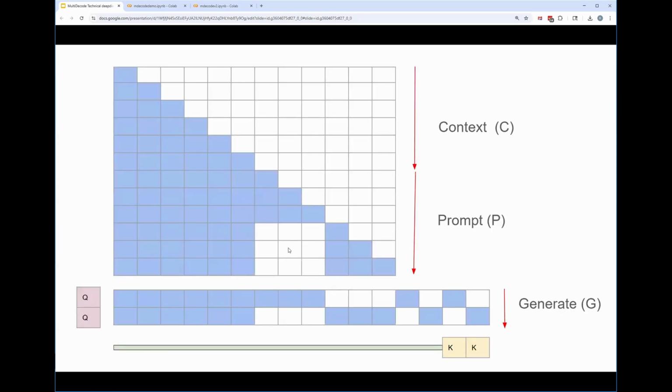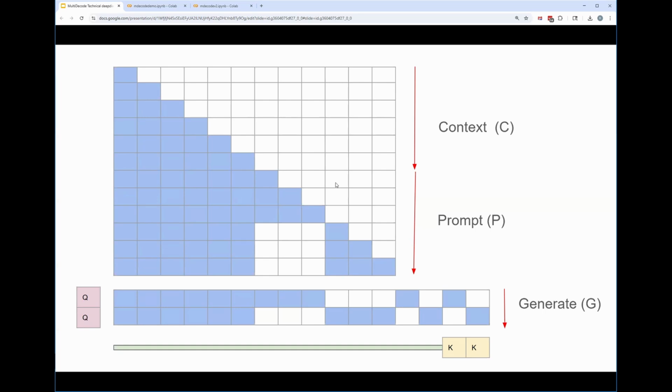I want to make a quick comment that I was thinking of these as three different types of attention masks. The first is the context, which is just a linearly filled lower triangle, perhaps chunked. Then there's the section where we're adding the prompts. We're not generating text.